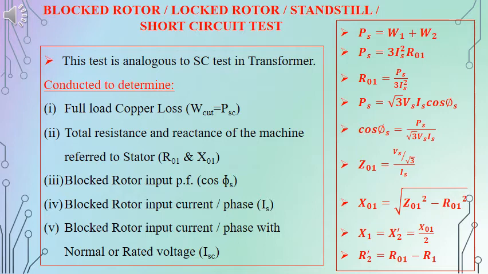X1 equal to X2 dash equal to X01 divided by 2, and R2 dash is equal to R01 minus R1. R1 can be obtained from the previous test, that is the resistance measurement.